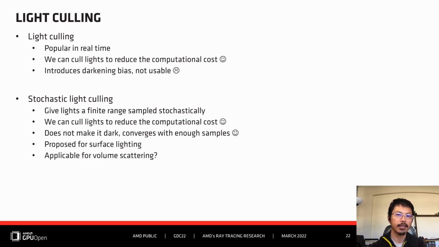On the other hand, the stochastic light culling, which I mentioned in the previous topic, is a good fit for this purpose because it does not make the rendering darker while we can still cut light sources which don't affect much the pixel. In the past, this stochastic light culling was only used for surface lighting, and in this work, we extended it so that we can apply it for volume rendering.